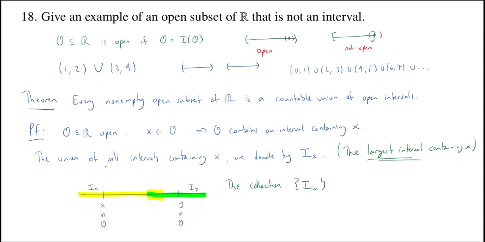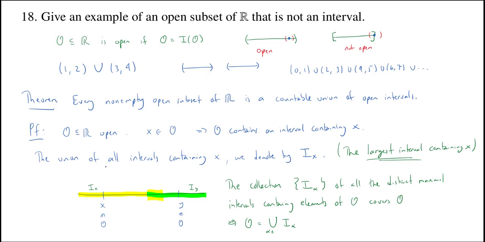So the collection of all these maximal intervals, so of all the distinct maximal intervals containing elements of O, well, that contains every element of O. So this collection is going to contain every element of O. So this covers O. Okay, so this implies that O is equal to the union of all of these I sub alphas.